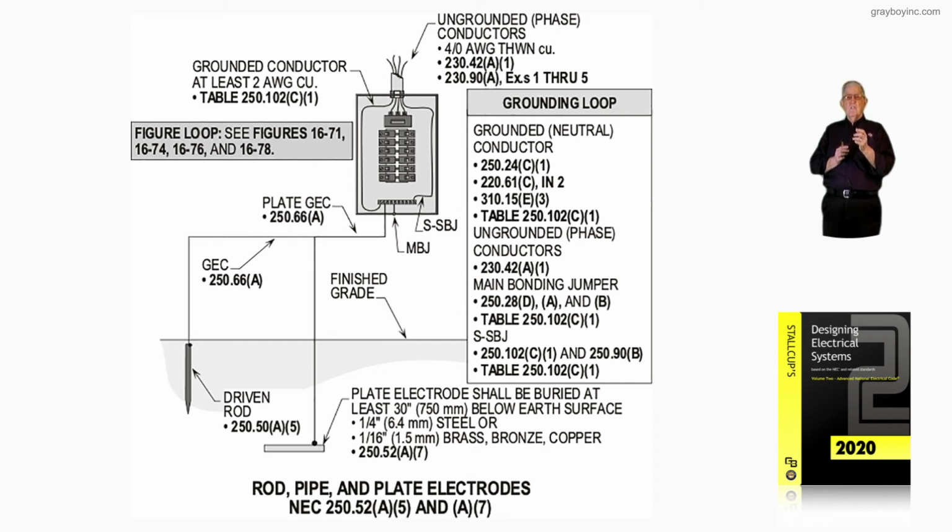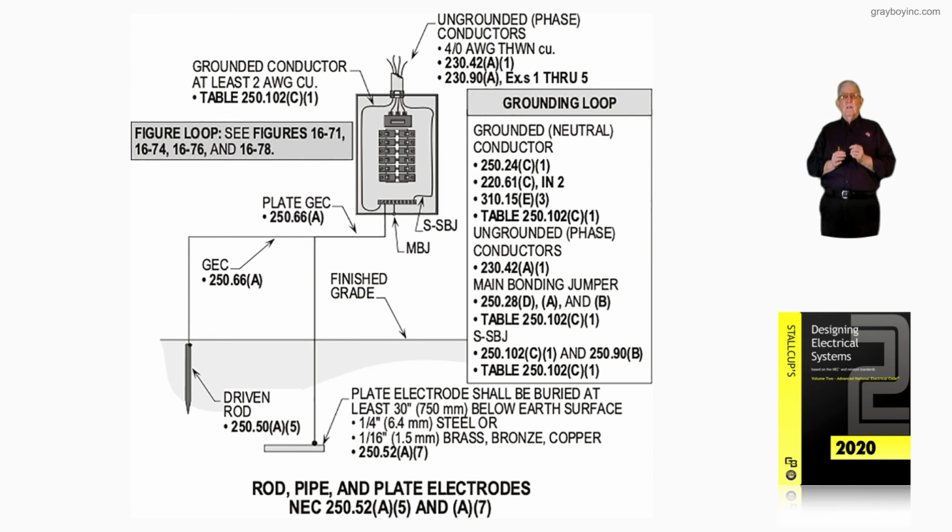Notice continuous load, as you know, is 3 hours or more, non-continuous is less than 3 hours, and then loads with demand. We find that in Article 100, definition of continuous duty or continuous operation. And then 230.90(A), and exceptions 1 through 5 mainly, cover sizing the overcurrent device in the panel board that you see there.